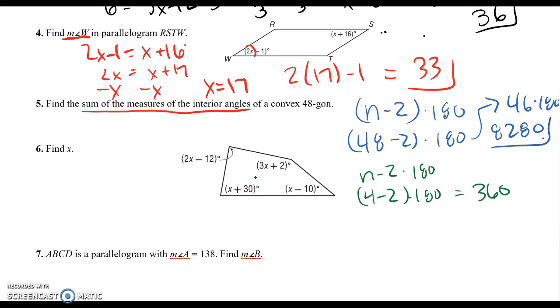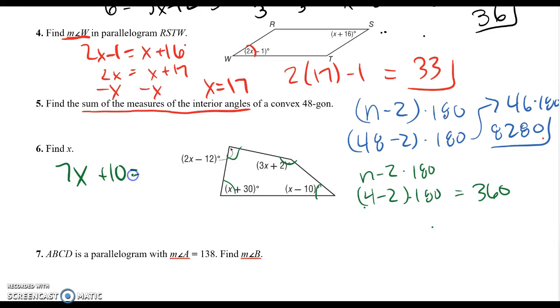Okay, so now we know that when we add up all these angles, they should equal 360. So we can set it up where this plus this plus this plus this equals 360. I'm going to skip writing out the whole equation because I don't have a whole lot of room, but I'm going to go right to 2x plus x, 3, 4, 5, 6, 7. So we have 7x. Don't do it like this if you're doing it alone. I'm just trying to get to the next step.